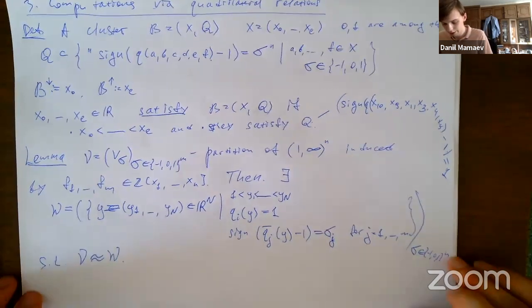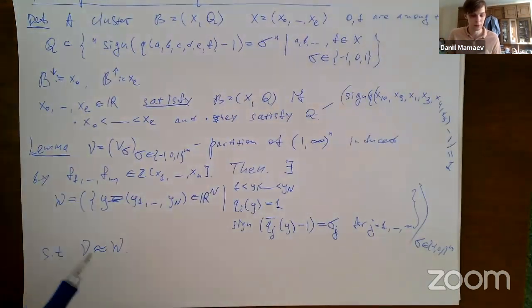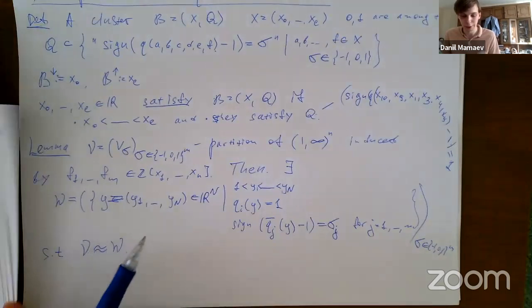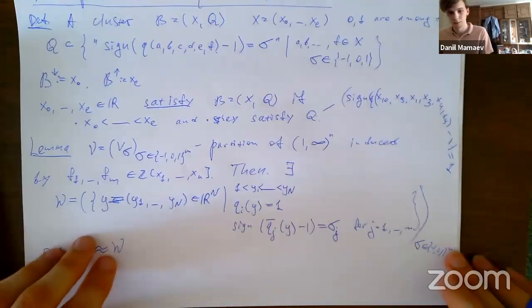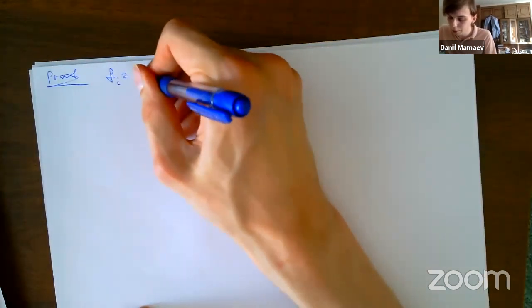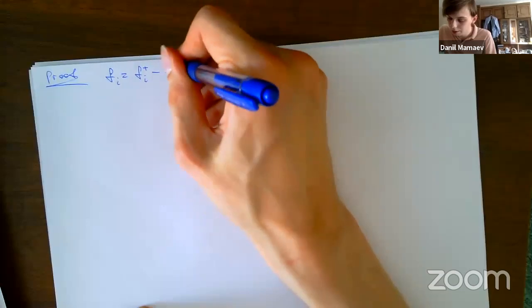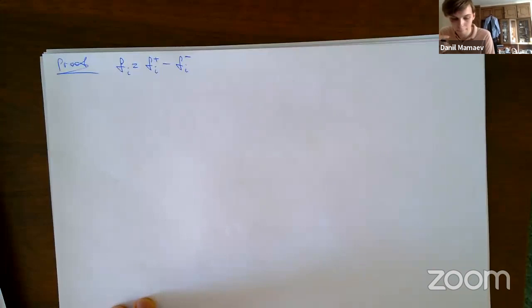Okay. Let's move on. Now I want to prove this lemma. How do we do this? Well, straightforwardly, actually. First we decompose every polynomial into the difference of two polynomials with natural coefficients. Then we compute all these polynomials.